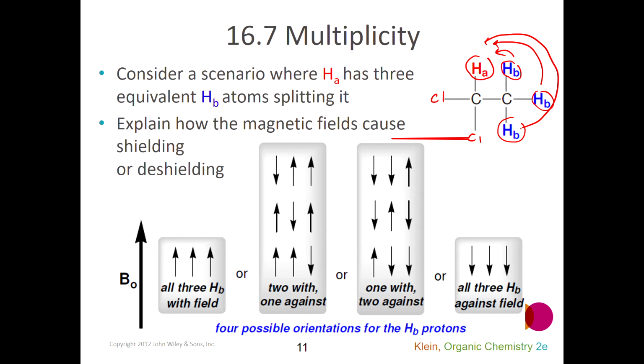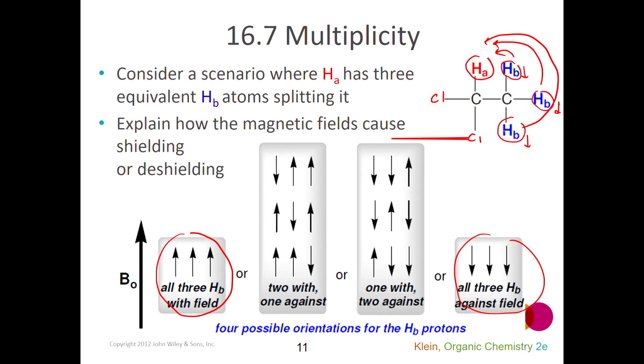So only once in a while will all three of them be aligned with the magnetic field, each one increasing the energy of A. So there's only one scenario where that would occur. But that would occur just as often as if they're aligned against the magnetic field, which would decrease the energy absorbed and emitted by A. And so I also see that happening just as often.